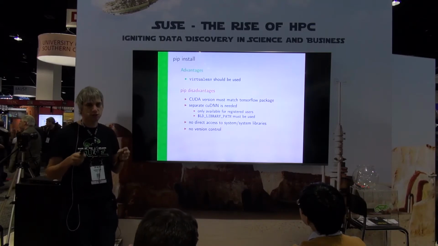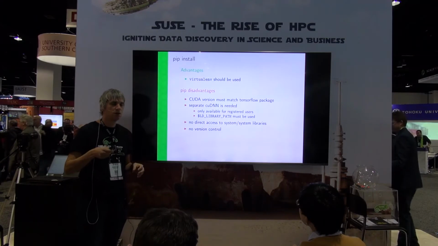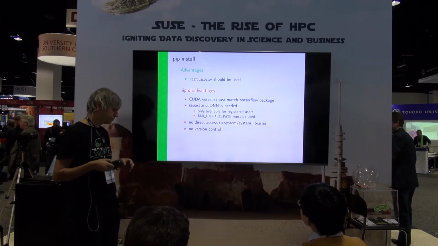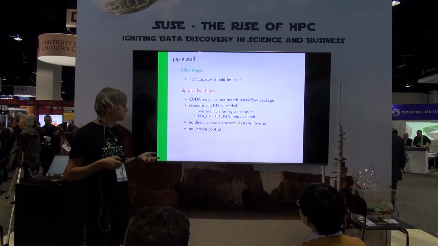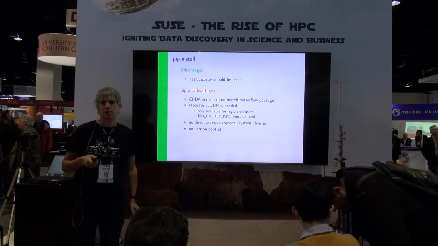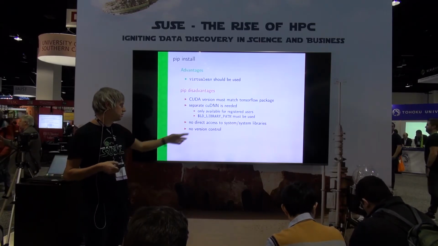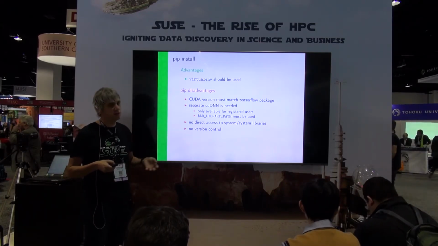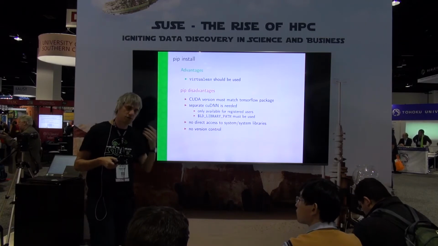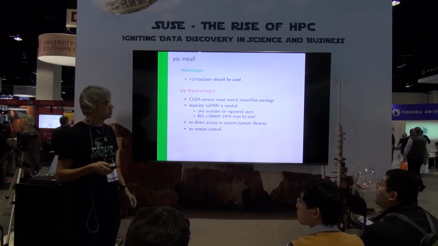Also the packages which come from pip are not of that high quality, they do not always work so well together with the distribution as the distribution packages do. Also you need to match the CUDA versions again, which also puts you in some trouble. And you do not have that good version control like you would have with the system packages, which means with Zypper.